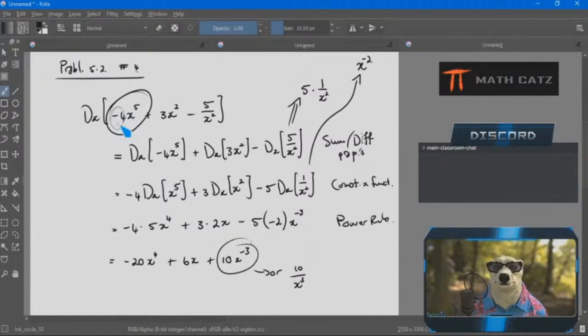The -4 is really just waiting for the power rule. It's getting dragged along by the constant times a function property. So it's not really anything I need to worry about, because that property says, don't worry about it, just drag it with you in front. That property allows me to do that.